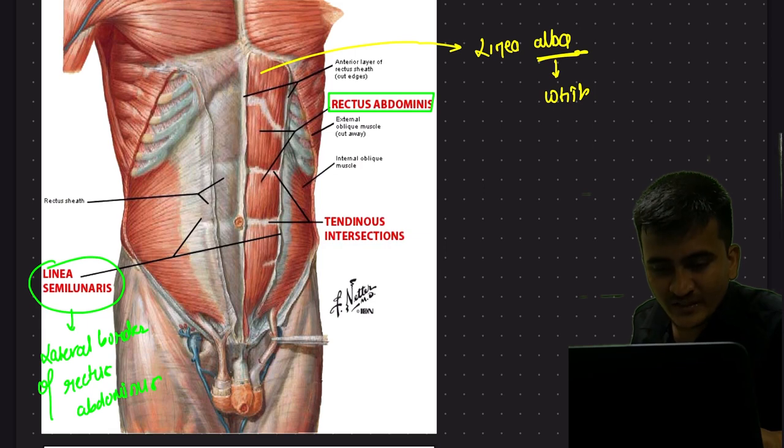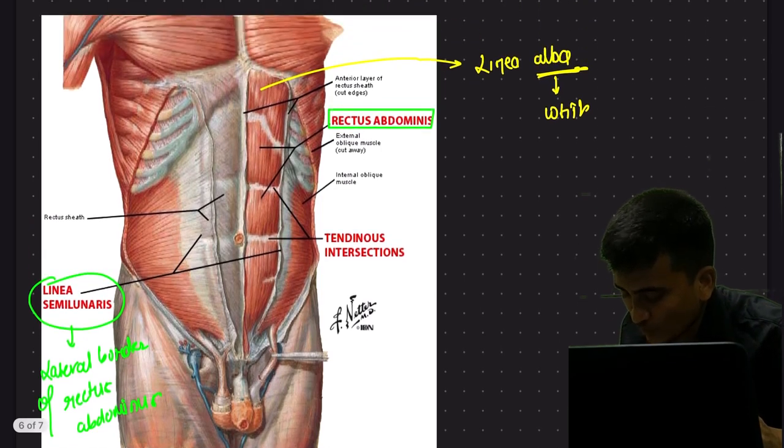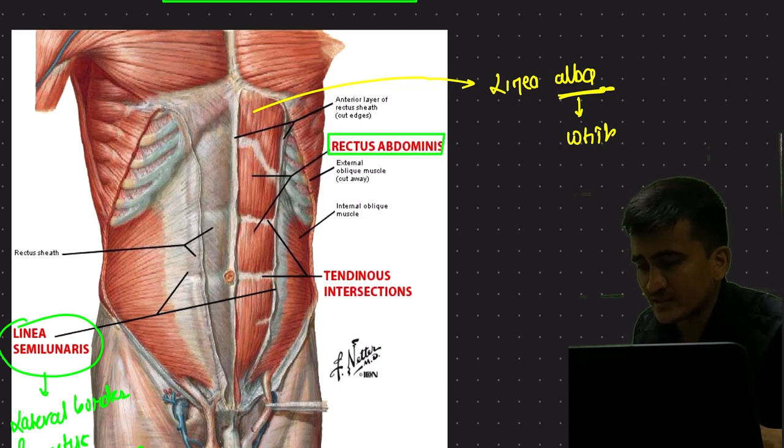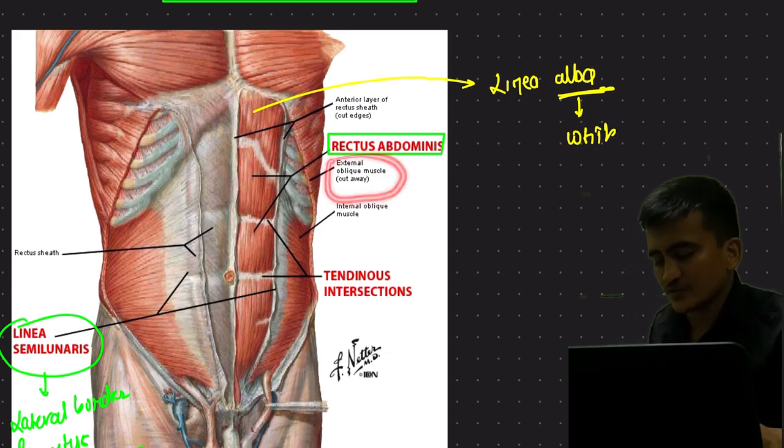Now another thing that we need to know here: when we remove the rectus abdominis muscle, as we can see right here, we will see the external oblique muscle, the outermost muscle.